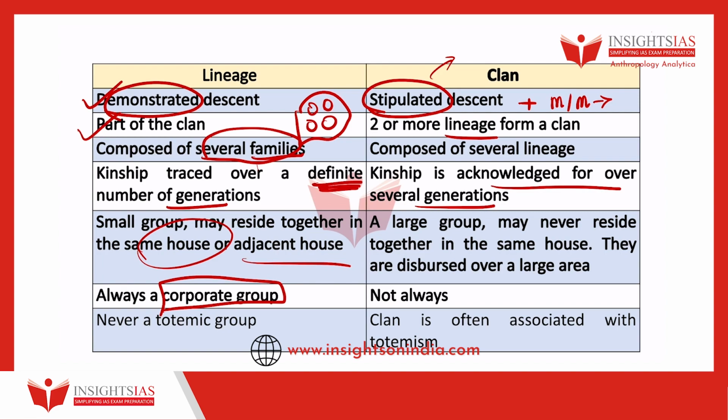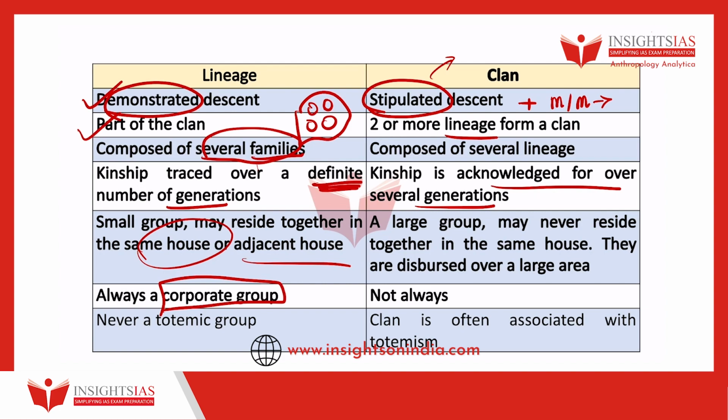Day-to-day activities like hunting, gathering, and agricultural activities are all taken up by the lineage as a group. Whereas clan is very large, and therefore they may not reside with each other, and hence they may not always perform as a cooperative group. It is so big that they will not be able to congregate on a regular basis.